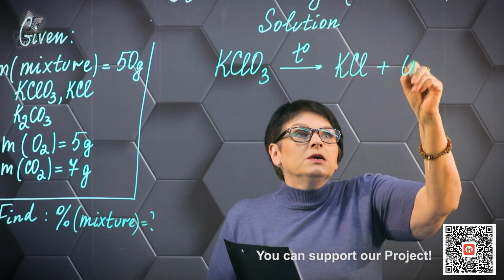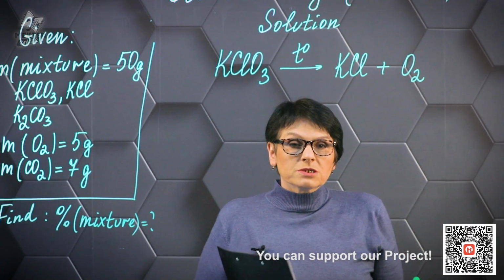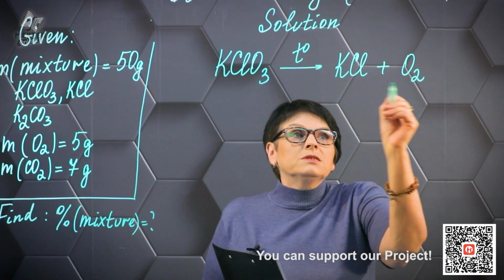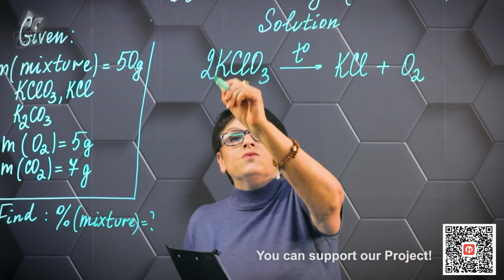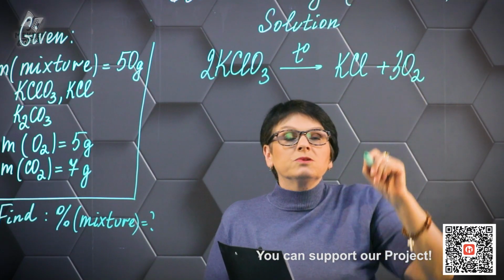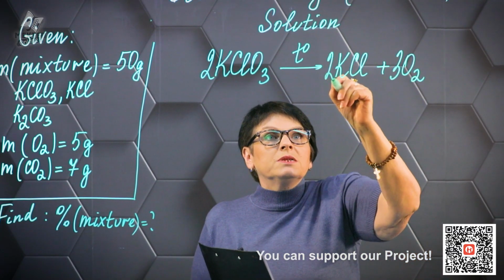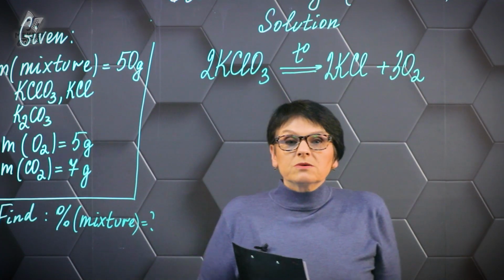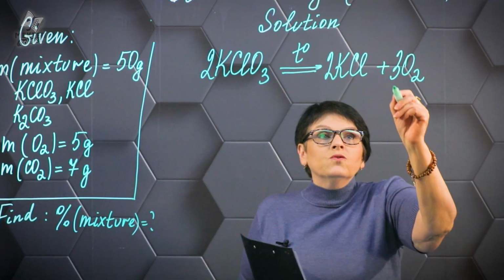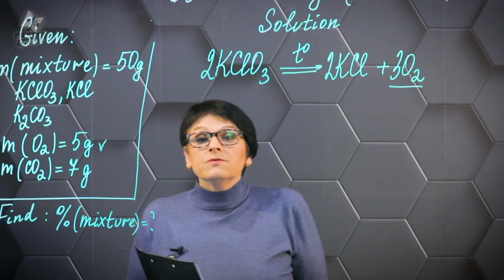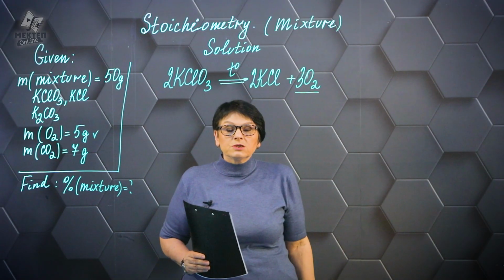Potassium chloride is produced and oxygen is released. It's during this reaction that oxygen is released. First of all, let's balance it. We'll put 2 in front of the potassium chlorate formula, 3 in front of the oxygen formula, and in front of potassium chloride we'll put a factor of 2. That's our first reaction equation. Here it is, where the oxygen in our problem condition comes from.